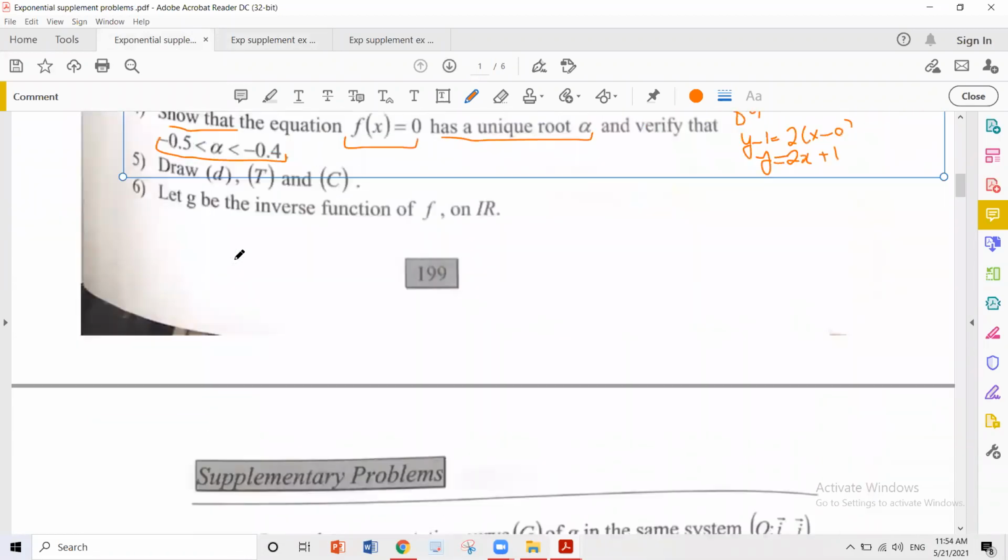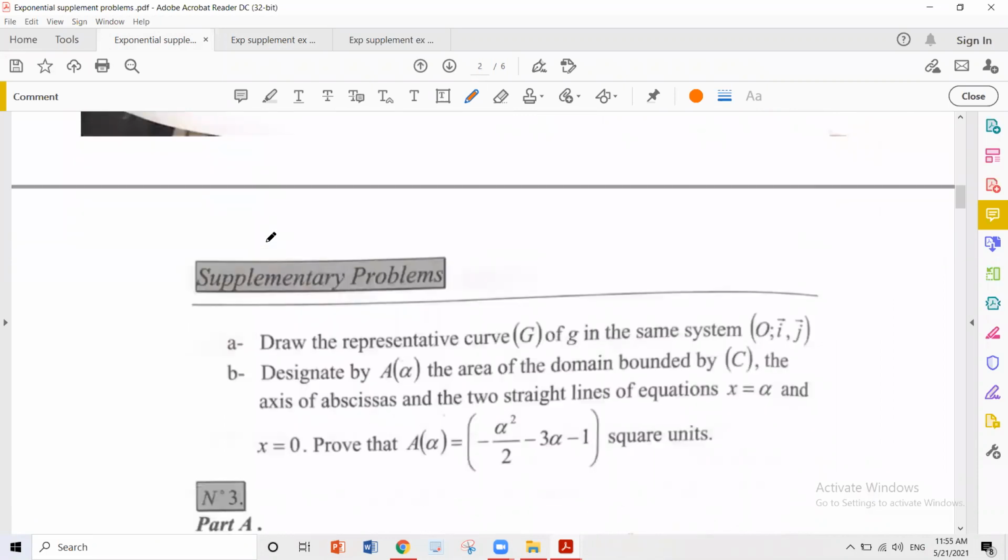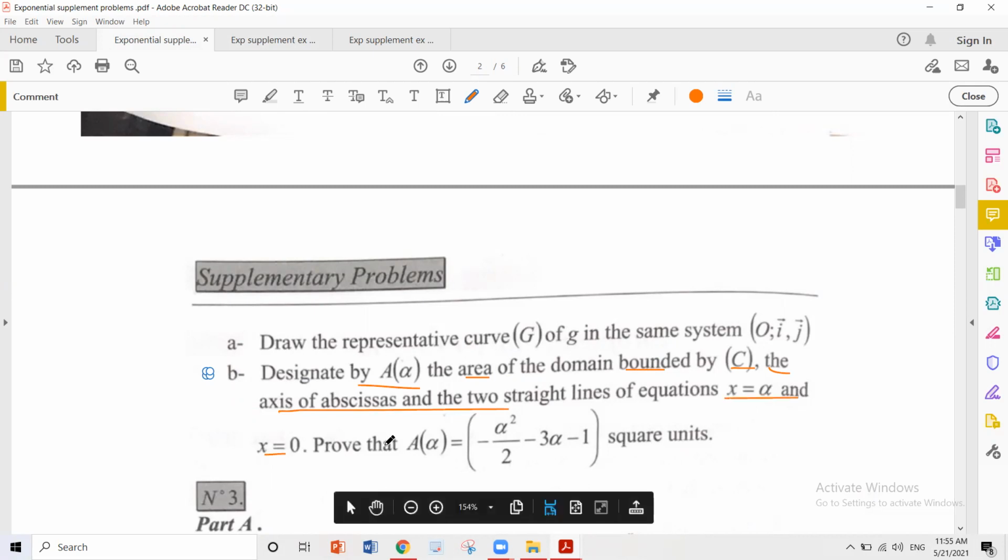Part 6a not required. Part 6b. Designate by A alpha the area of the domain bounded by C, the axis of abscissas, and the two lines of equations x equals alpha and x equals 0.